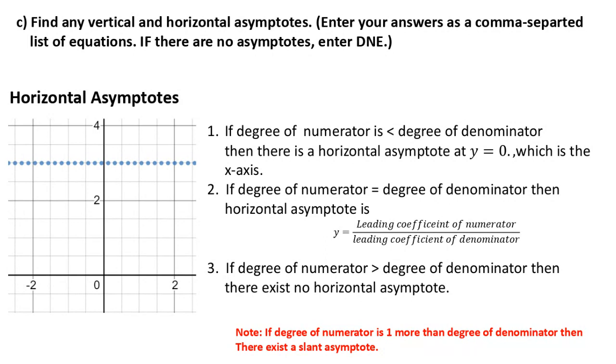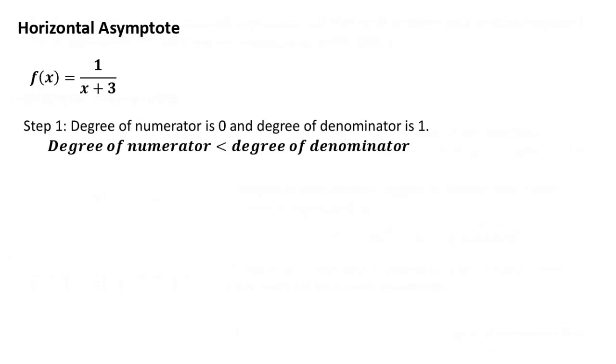We divide the leading coefficient of the numerator by the leading coefficient of the denominator. And the last case, if the degree of the numerator is greater than the degree of the denominator, then there is no horizontal asymptote. Usually in this case, what we have is a slant asymptote. If the degree of the numerator is larger than the degree of the denominator, we're going to end up with a slant asymptote. So let's go back to our function, and we can look at it this way.